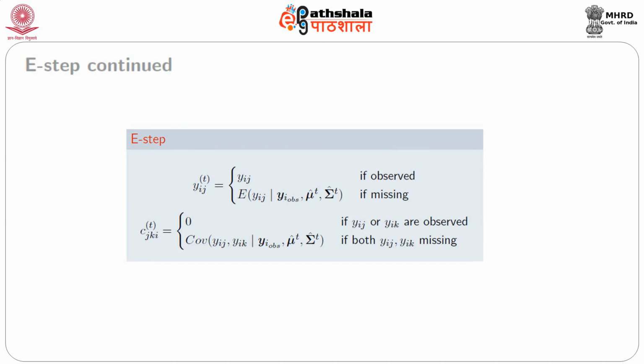This is 0 if y_ij or y_ik is observed, but it is not 0 if both y_ij and y_ik are missing, and then it takes the value covariance of y_ij, y_ik given y_i observed, mu hat t and sigma hat t.